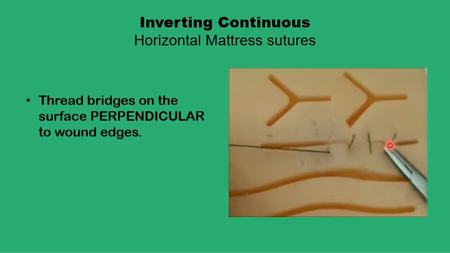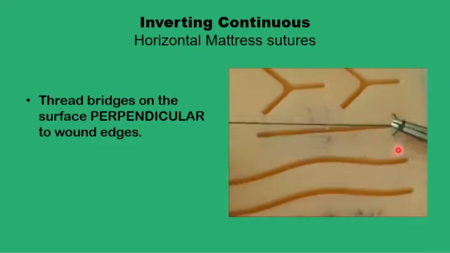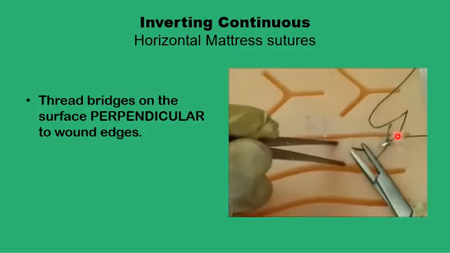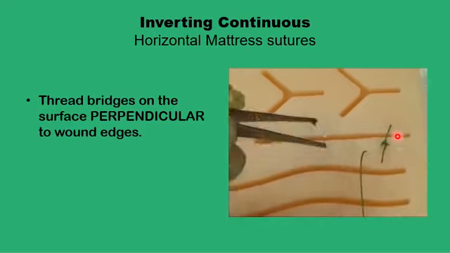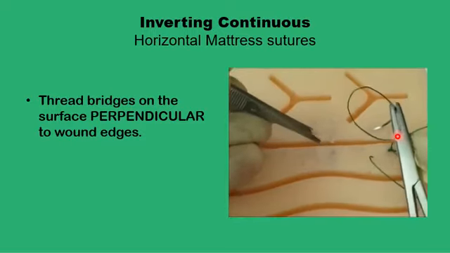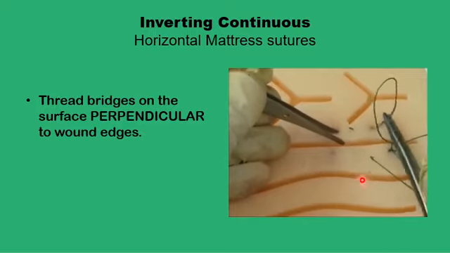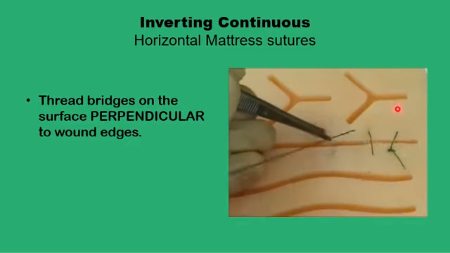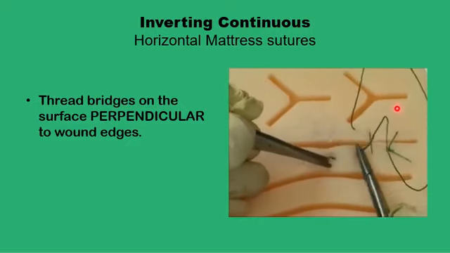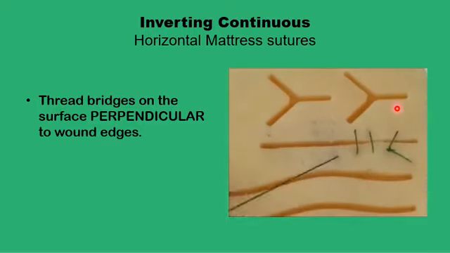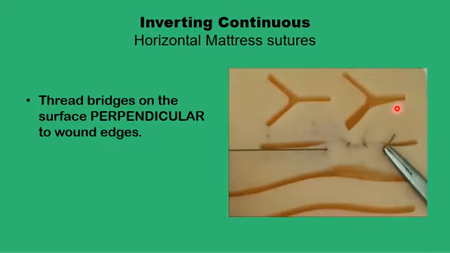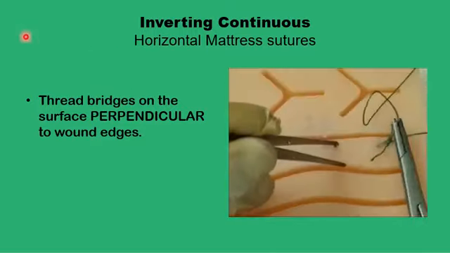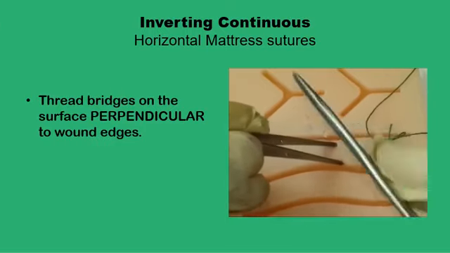So again, you start with an anchoring stitch, then continue with a bite parallel to the wound edge, cross the wound edge on the surface, so you have a thread of the suture on the surface, another bite parallel to the wound edge, and then across the wound edges on the surface, and this is going to produce a continuous inversion of the wound edge. This forms the basis for the Cushing and the Connell types of sutures.